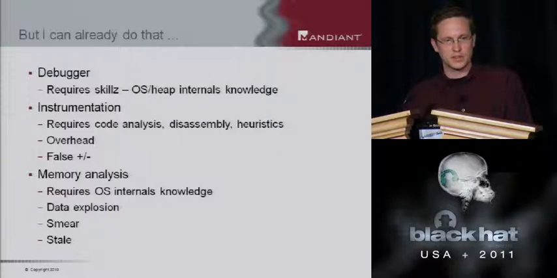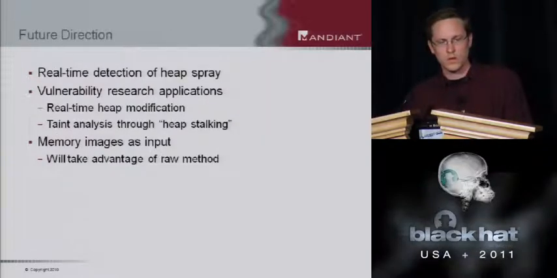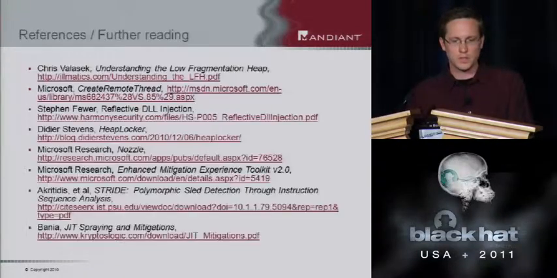Same with memory analysis, and an additional disadvantage of memory analysis is that it's a smear and it's stale and it's not as real-time as a debugger or a tool like Heap Inspector. Again, some vulnerability research applications in the future, real-time detection like Didier Stevens' Heap Blocker tool, and then I want to be able to accept memory images as input instead of just a live system.